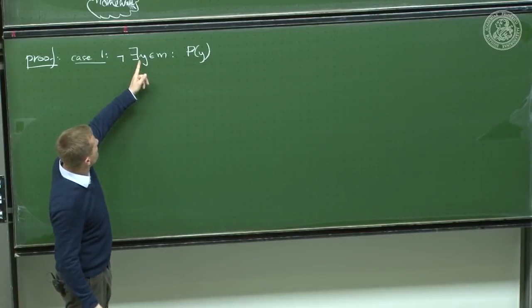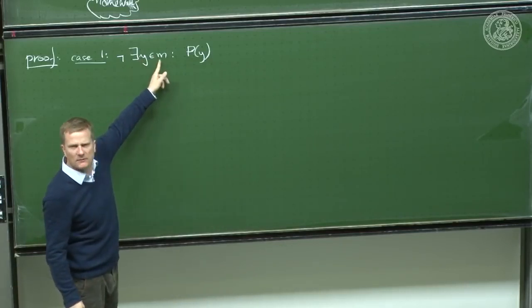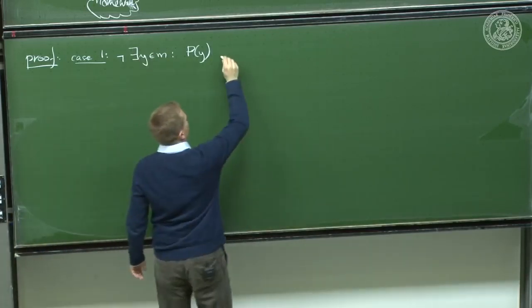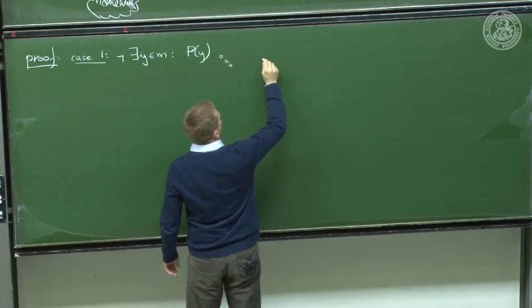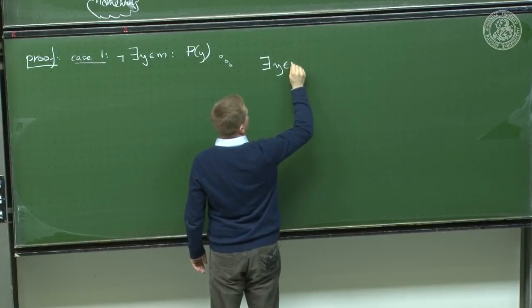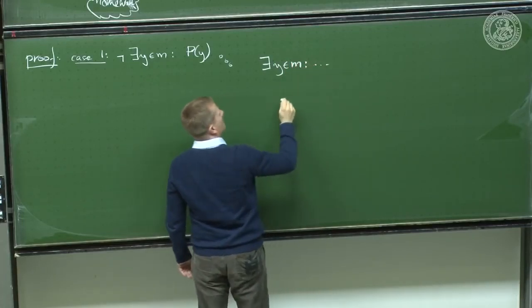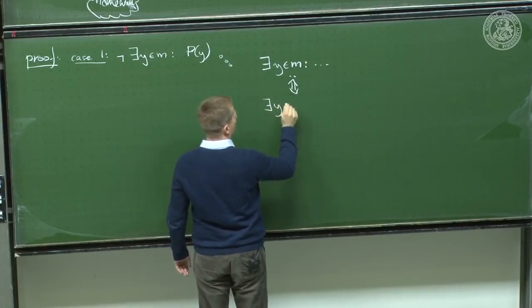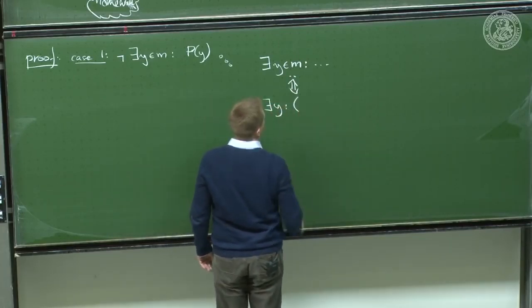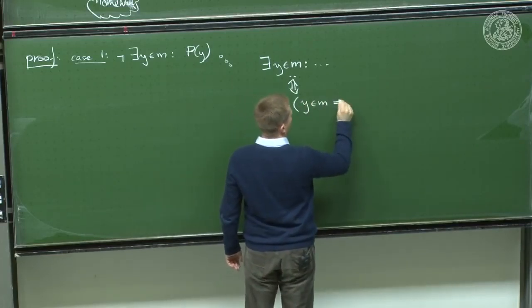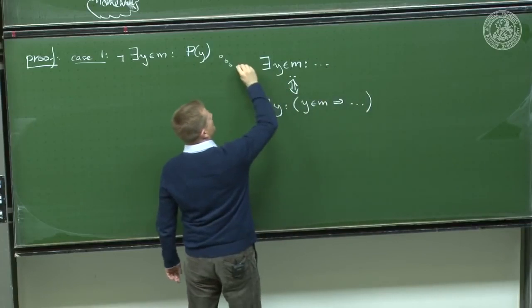Did I define what it means there exists y in M, or only wrote exists a y? So anyway, the idea is there exists a y in M such that something is defined as, there exists a y such that y in M implies the very same something.